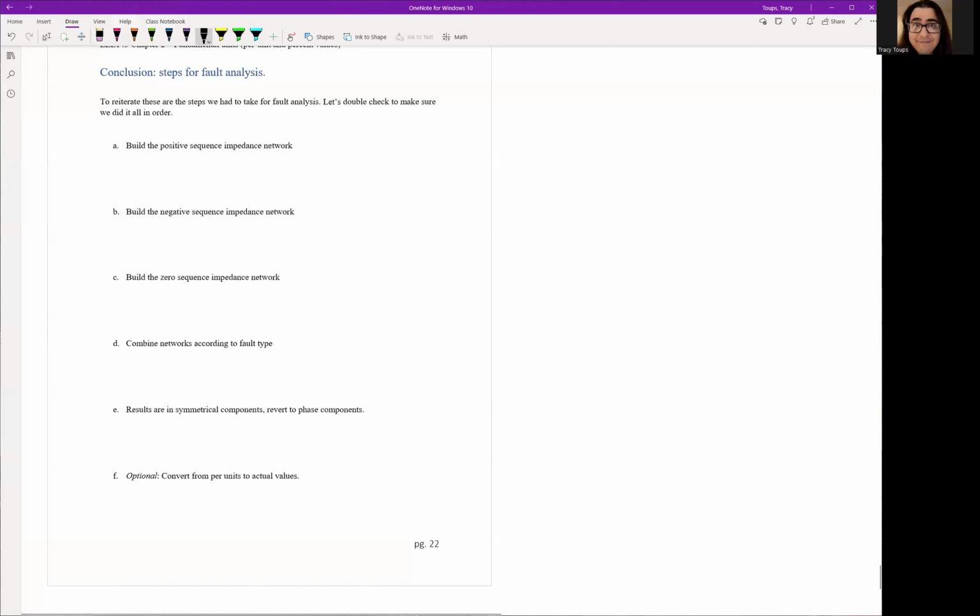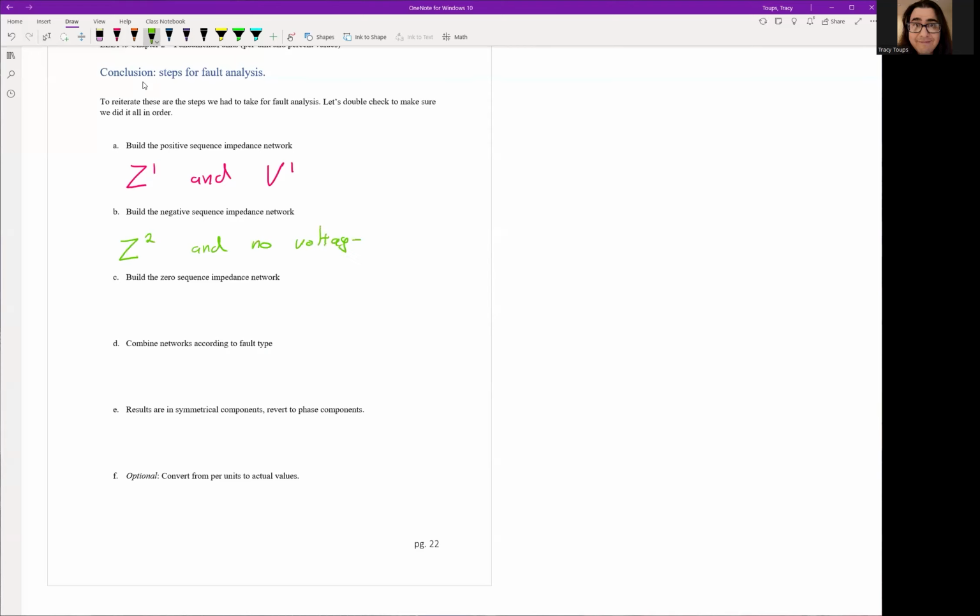Okay, so let's conclude everything we've done. First off, we built the positive sequence network, right? You figure out what Z1 is and V1. That's what you try to figure out. For the negative sequence component, remember we have to find Z2 and there's no voltage involved, okay?